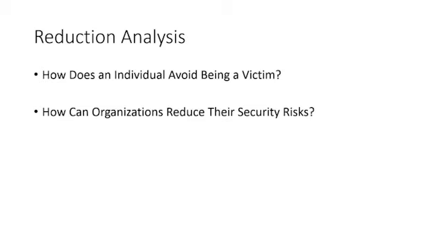You got to think about how can organizations reduce their security risks. How can we get in and reduce that, which kind of ties back to individuals. To me, end user training is a huge proponent for reduction analysis. We can get in and have people know what to look for, what not to do.